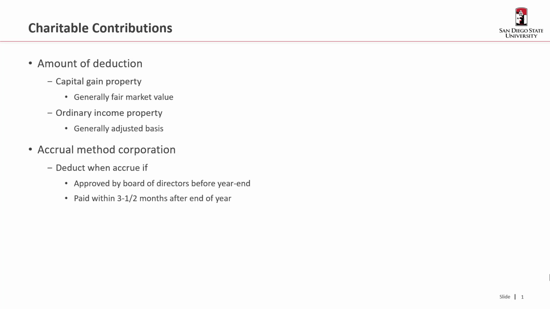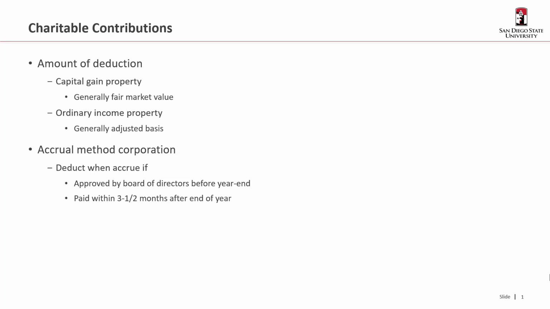So the first is, what is the amount of the deduction? Most capital gain property, so property in the hands of the corporation that is capital property, capital assets, would be deducted at its fair market value at the time of the deduction. So if in the rare event a corporation gives away stock, then that stock goes out at its market value.